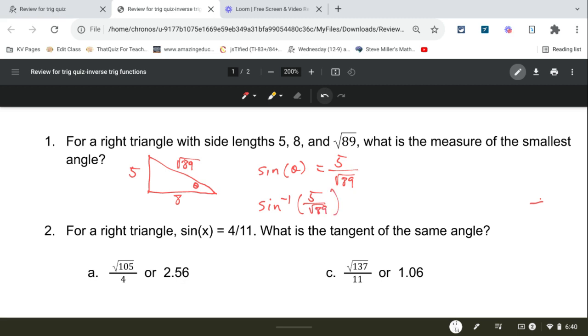Or you could use tangent. Tangent of theta would be 5 over 8, and so the angle would be tan inverse of 5/8.